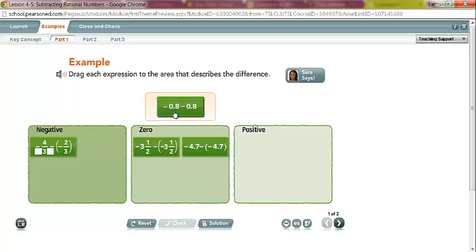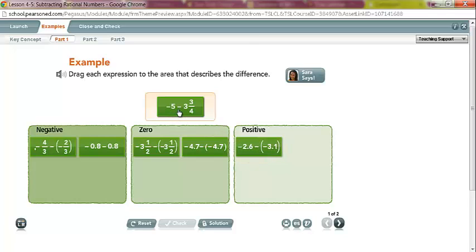Ooh, negative 8/10 minus 8/10. They're both negative. The sign's not going to change, it's going to stay negative. Now I have negative 2 6/10 minus a negative 3 1/10. Again, minus a negative is going to be a plus a positive, so that becomes a positive. Now is 3 1/10 going to be larger than 2 6/10 when we look at the absolute values? Yes, it is. So we're going to go to the positive.